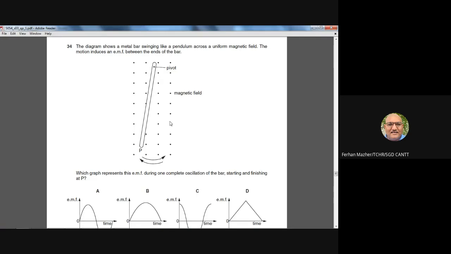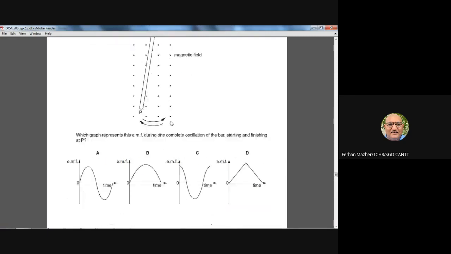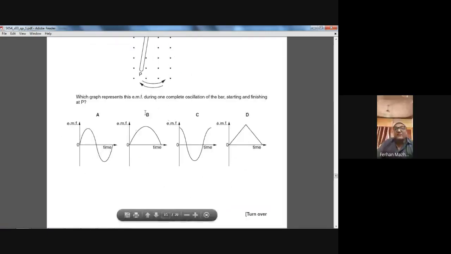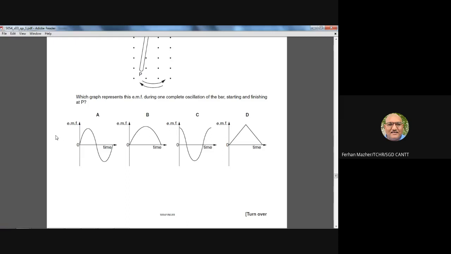When this swings to the right, the direction of the induced EMF will be different. When it swings towards the left, the EMF induced will have the opposite direction. So it's an alternating EMF that will be induced. Which graph represents this EMF during one complete oscillation of the bar, starting and finishing at P?